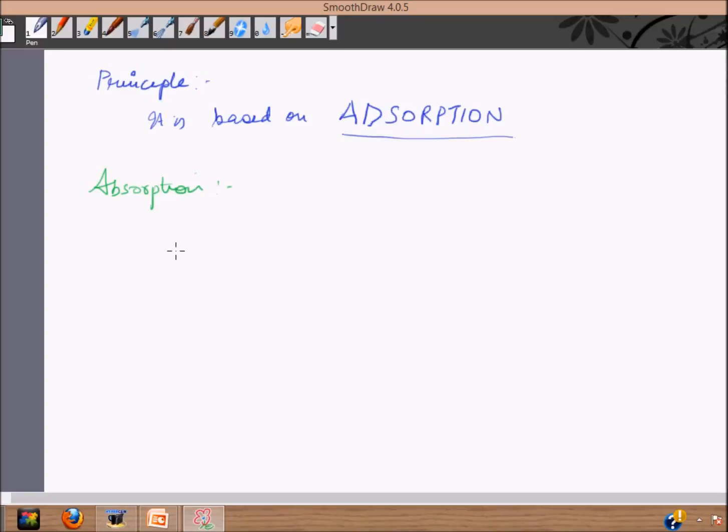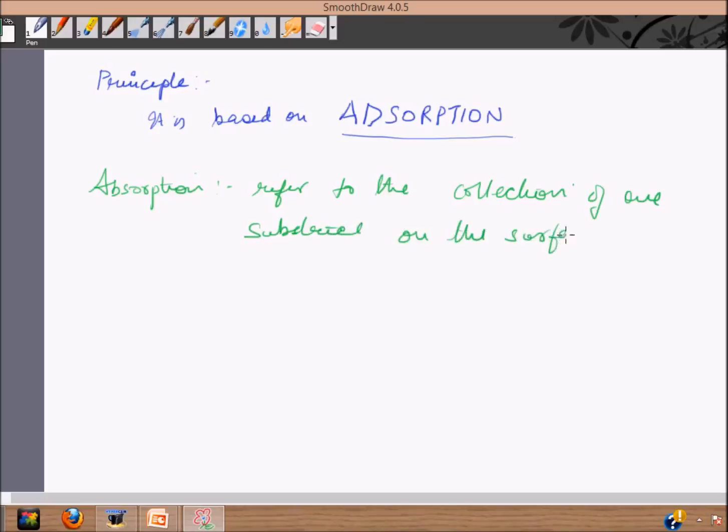Please don't be confused with absorption. Adsorption refers to the collection of one substance on the surface of another substance, right?